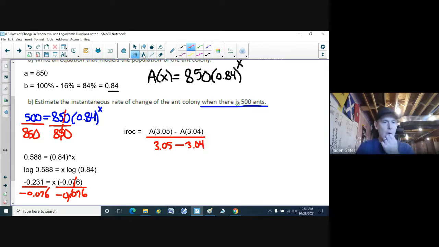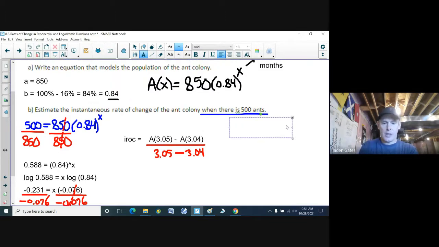All right, so now I'm going to do the same thing I did before. I'm going to go over here on the side, and the amount at 3.05, I'm going to plug that into my equation. 0.84 to the power of 3.05, and then times that by 850. I get 499.43.